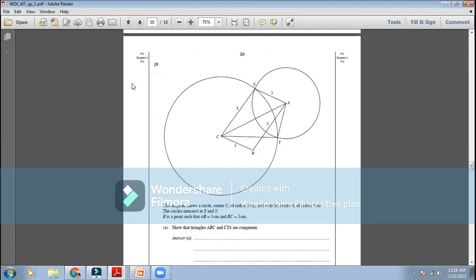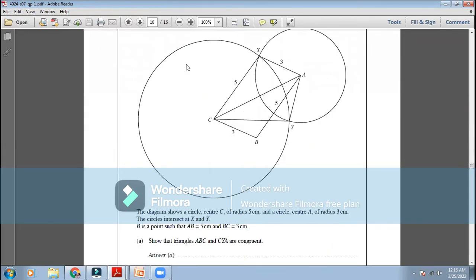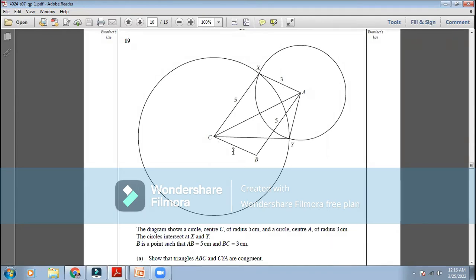Okay. So the triangle ABC, let me increase the size, and the triangle CYA. These triangles are congruent to each other. We have to prove that.